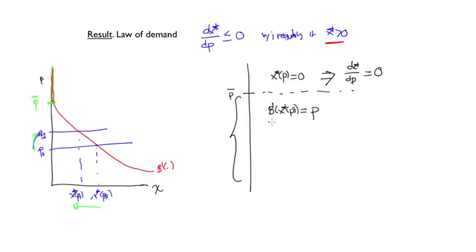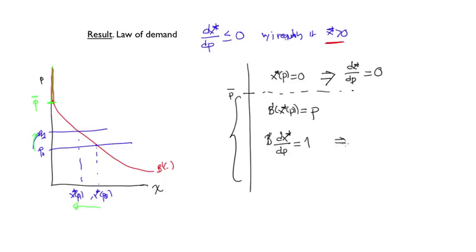Now, let's take the derivative of this equation on both sides. And what do we get? We get B double prime evaluated, of course, at x star of P times the derivative by the chain rule of x star with respect to P equals 1.